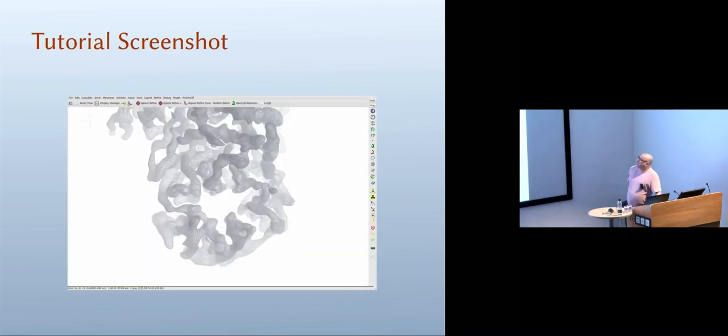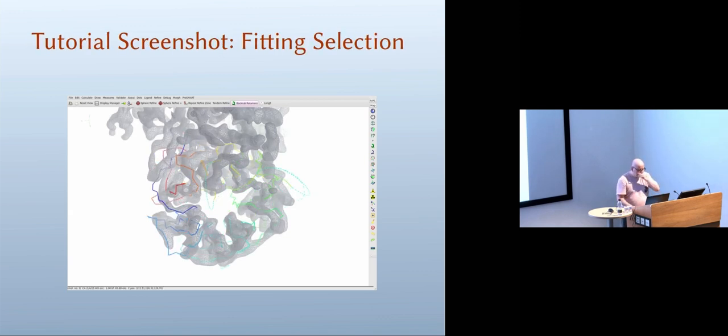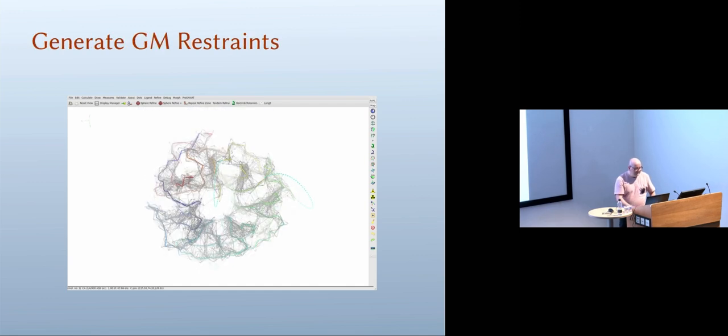So this is from the tutorial that Anna Casañal and I wrote. So we have, again, using the CPF from Laurie Passmore, a blob of density, a WD-40 domain. We do fitting a homolog, and then chop out this section and try to fit it, jiggle fit it first. That puts it over the density, but it's the wrong shape.